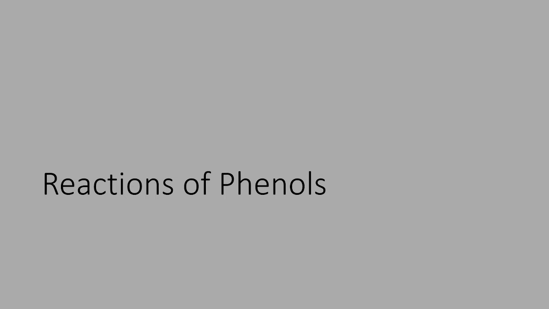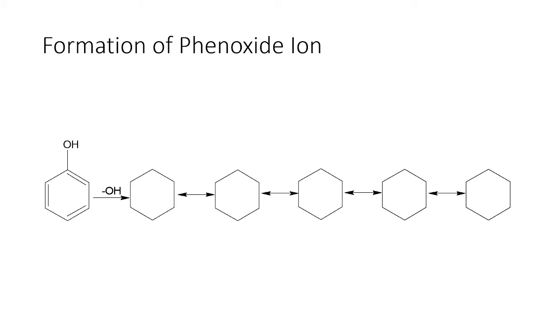And we will also look into EAS, or what we call electrophilic aromatic substitution, and also oxidation. And in that, our first reaction of phenols, which may exist on our OH group in the carbons of the aromatic group, is our phenoxide ion.